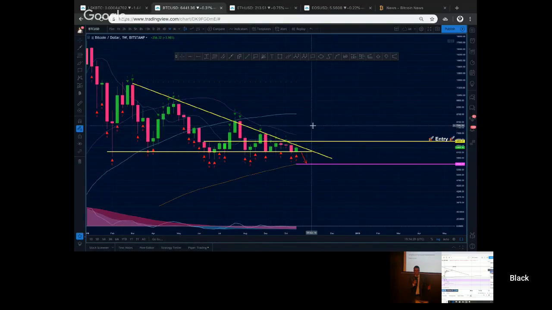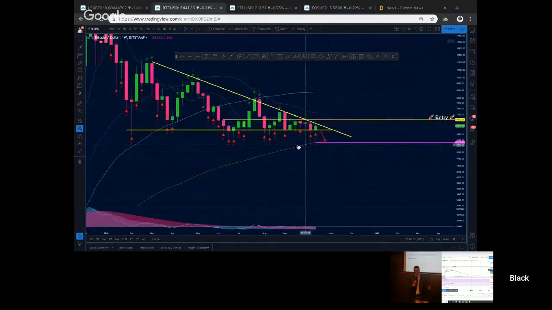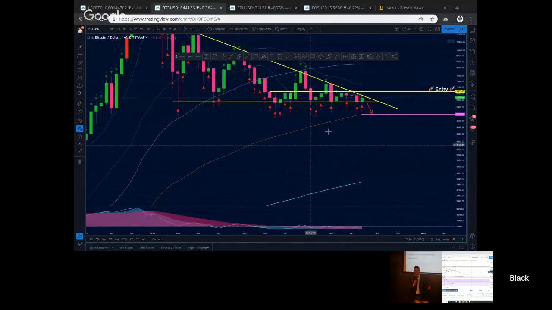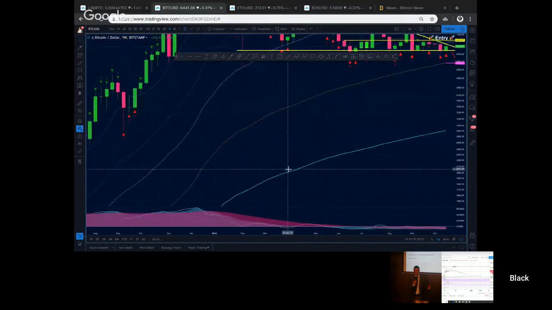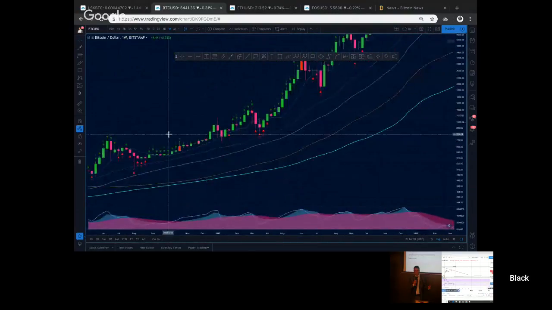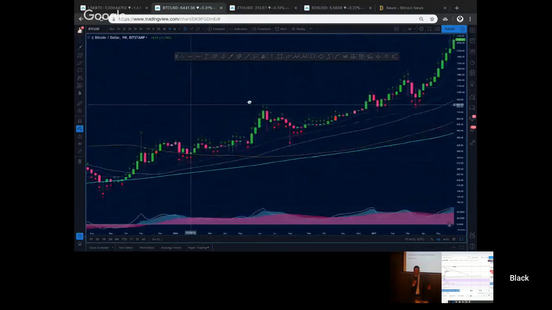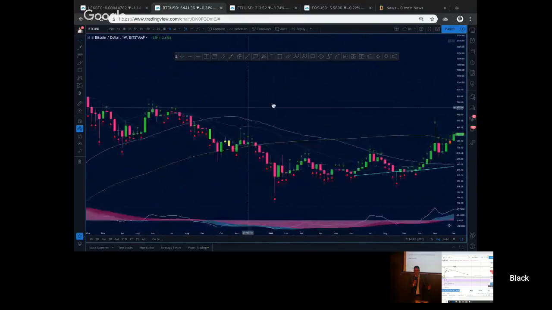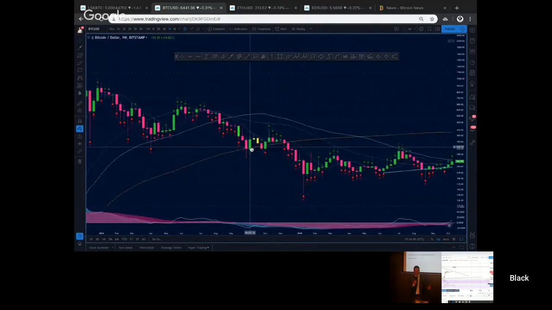So it is very important to touch this trend line. If we scroll through the chart and see when we last touched this moving average, it was in October 2014. So now it's October as well.